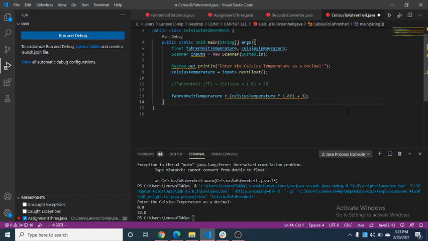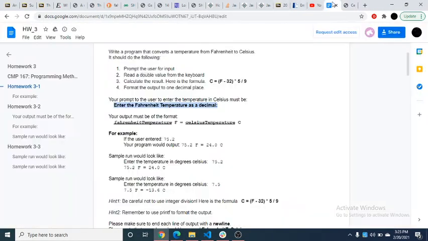So I'm going to go back and look at the zyBook one more time to see what the output should look like. Okay. So she says your output must be of the format Fahrenheit temperature F equals Celsius temperature C. And we could just cut and paste this.